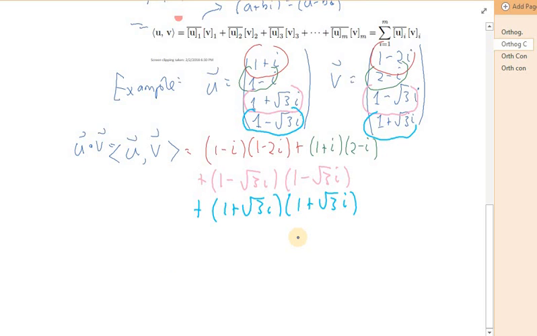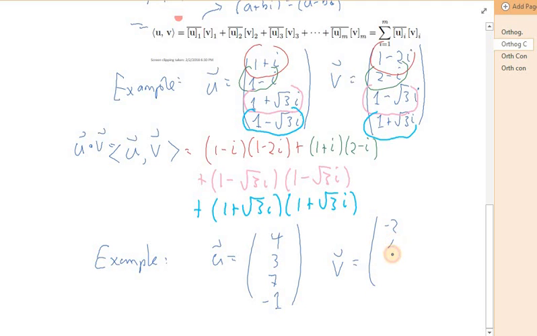I should say that although I'm showing you complex vectors, in the class we're going to focus on real vectors, in which case you don't have to worry about the complex conjugates. So let me just do another example. With real vectors, if I say u is equal to 4, 3, 7, minus 1, and then v is equal to minus 2, 1, 5, and minus 7.